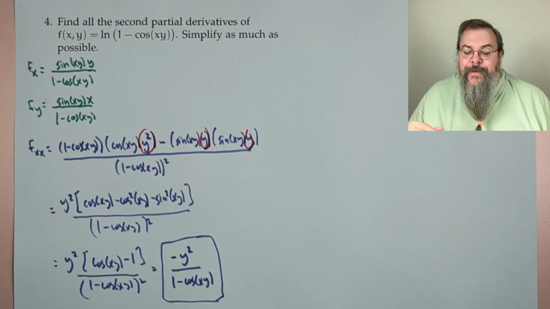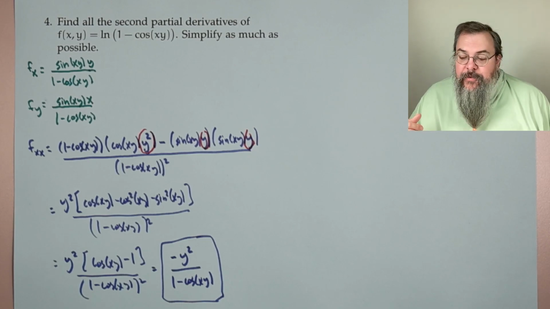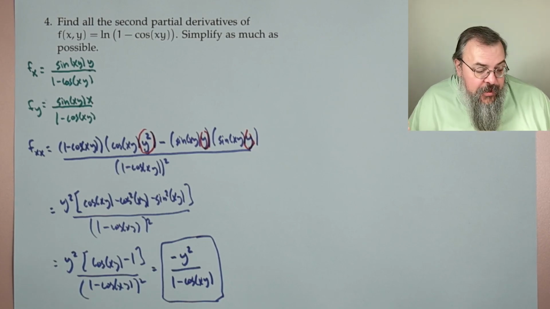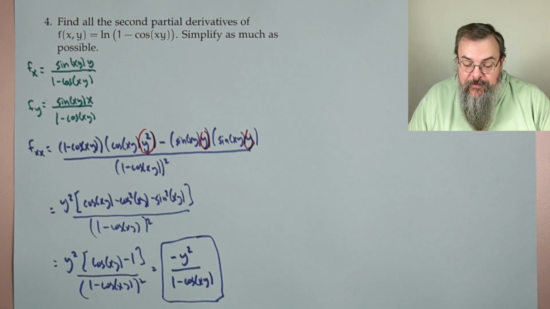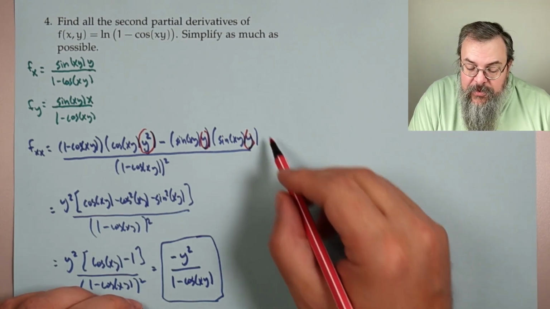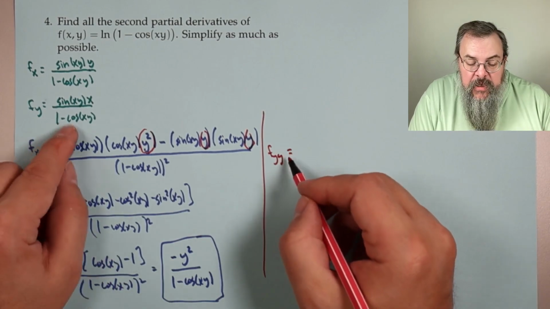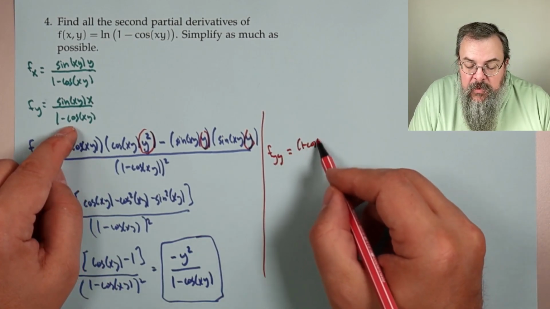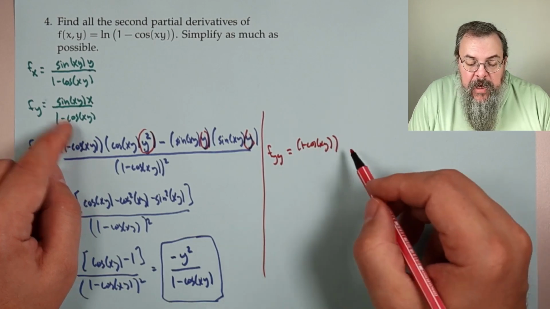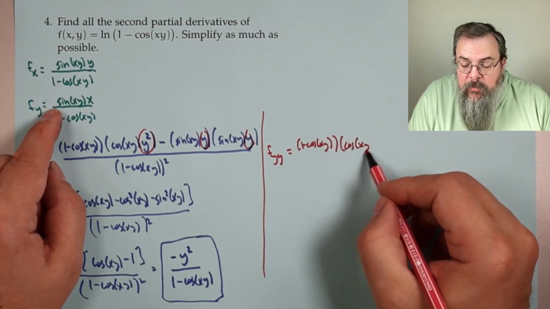Now, we're going to repeat this for fyy. Okay, now as we do this, spoiler alert, it's going to feel very, very similar. So fyy, again, quotient rule, we're going to take the bottom times the root of the top, which will be cosine xy.